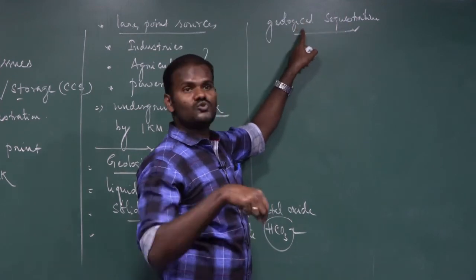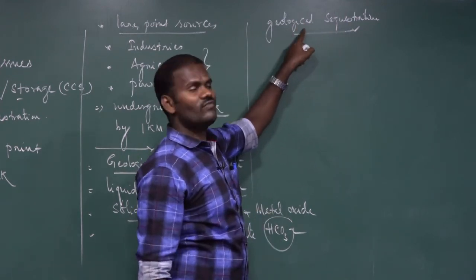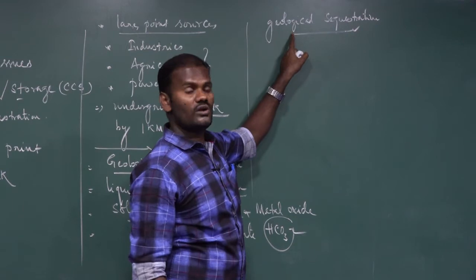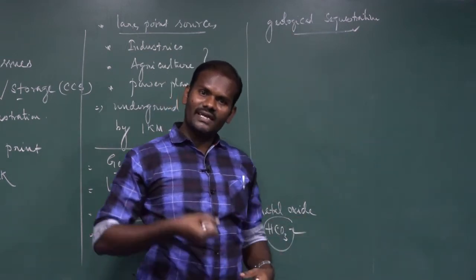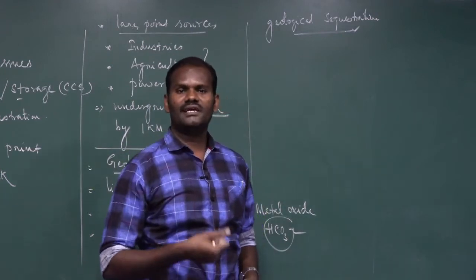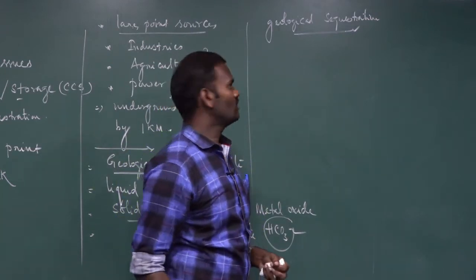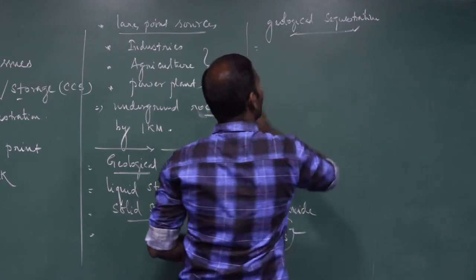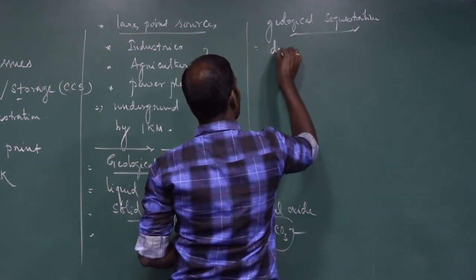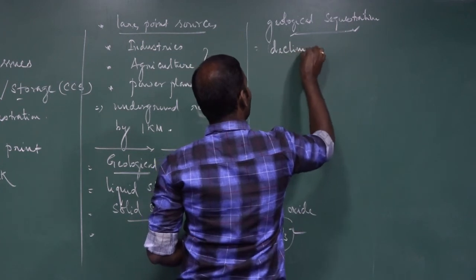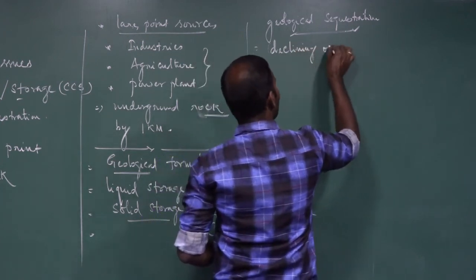Where do we have to store the carbon dioxide? In geological formations under the earth. It is also known as geological sequestration. It may involve directly injecting the carbon dioxide into underground rock sites from the geological formation site, for example a declining oil field.